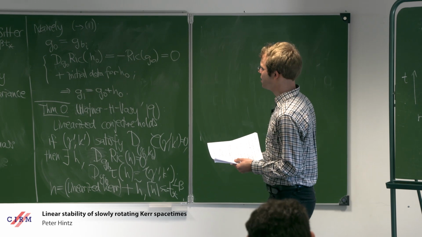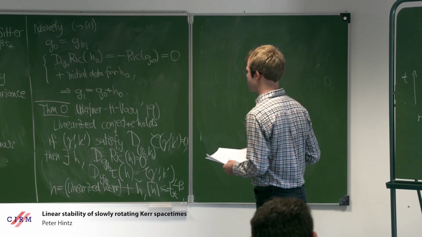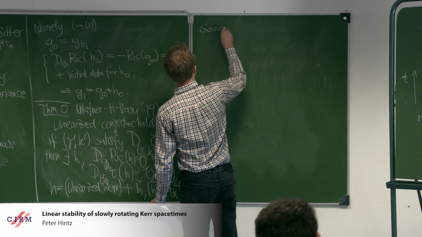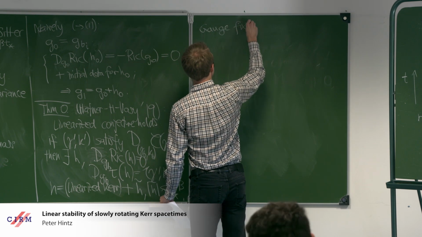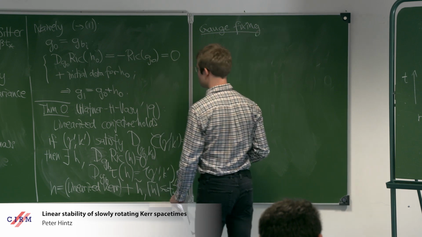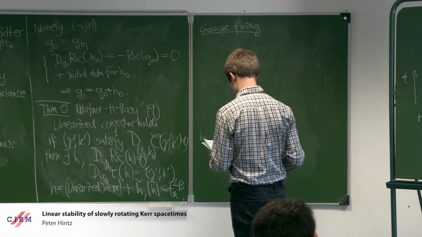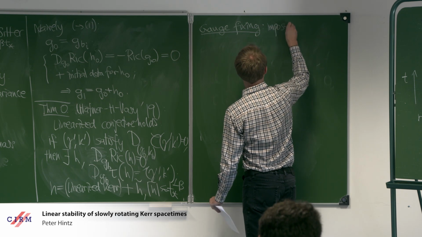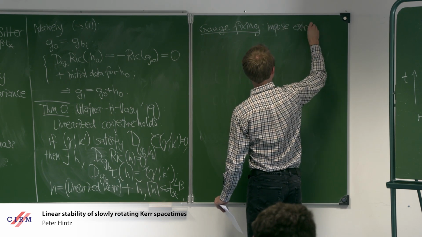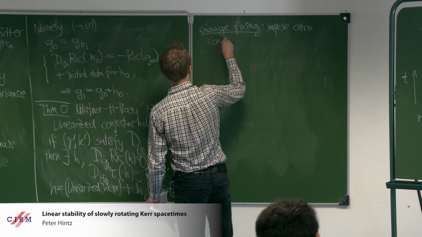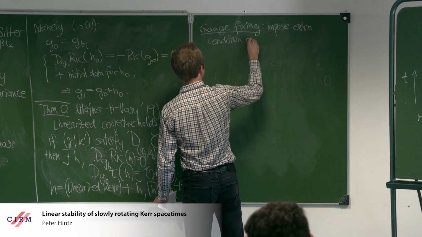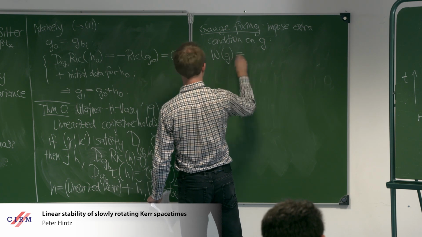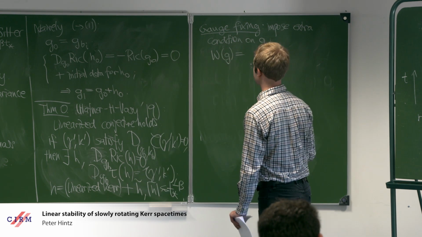OK, so let me just talk about how we set up the proof of this theorem. And the first step, as indicated, is gauge fixing. I've talked about this a few times before, so let me just be somewhat brief. We impose an extra condition on the metric G. It turns out one usually has to impose 4 extra conditions.